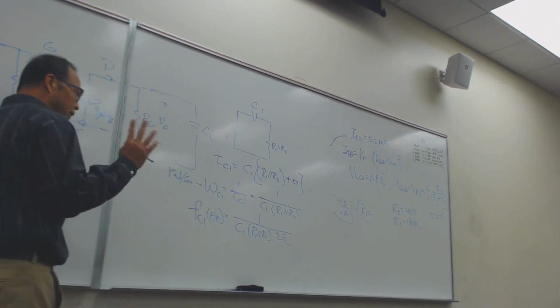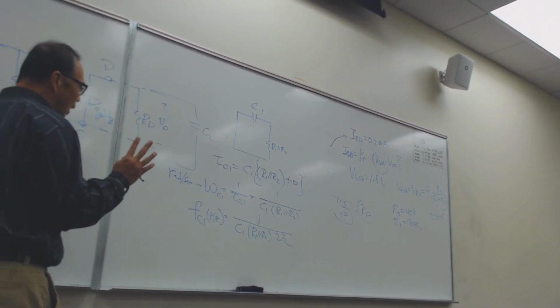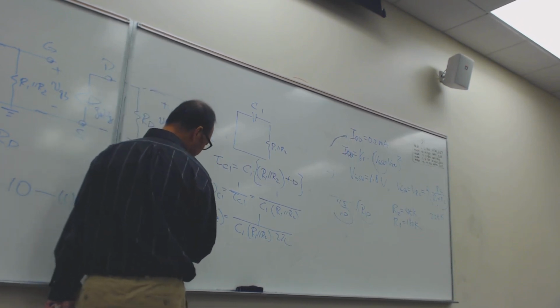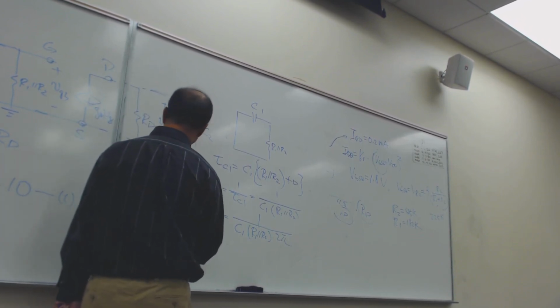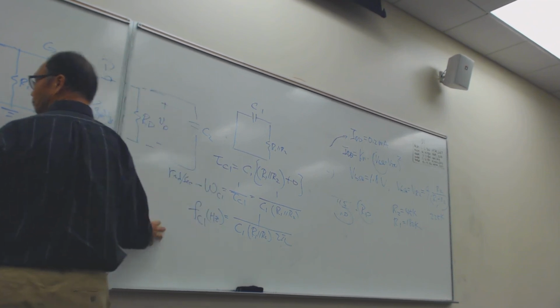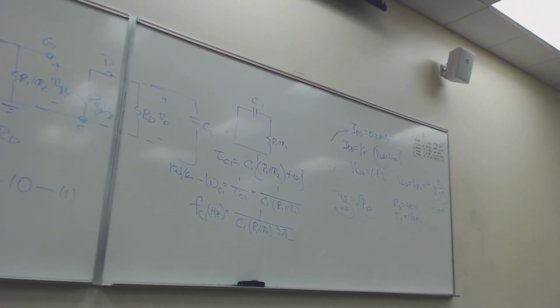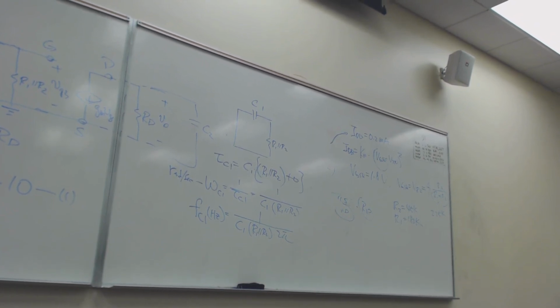Now, but here's the problem. You are given two frequencies. So which one is associated with C1 and which one is associated with C2? The series capacitor. The one in series is the lowest one. Yes, it must be the smaller one, right?